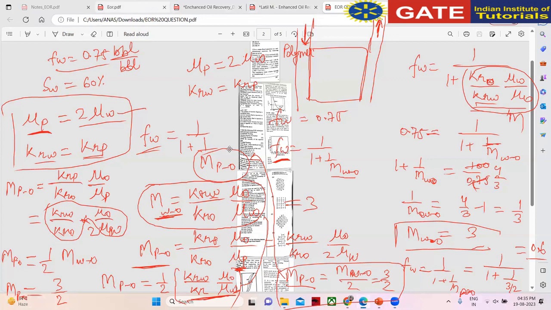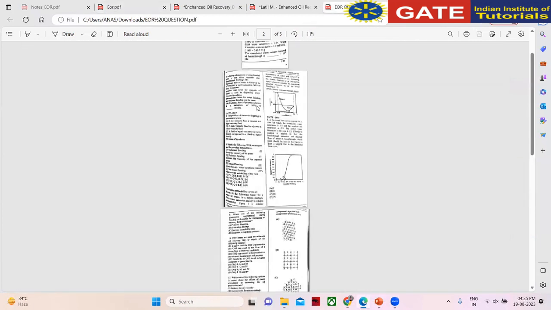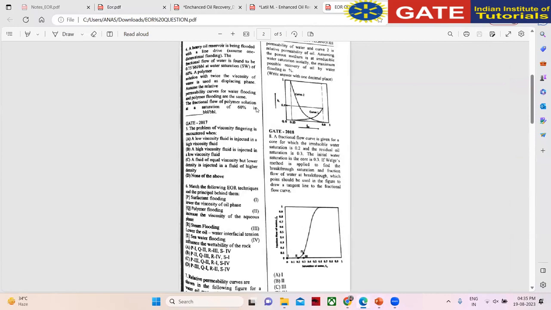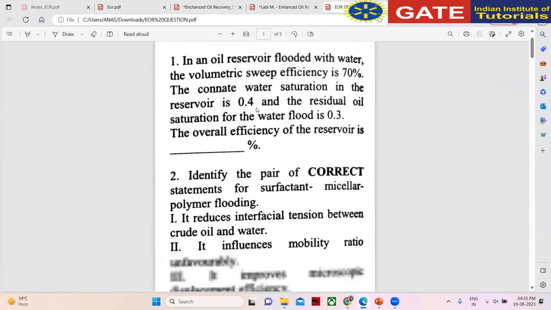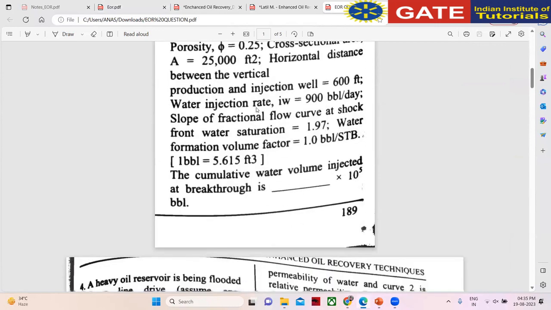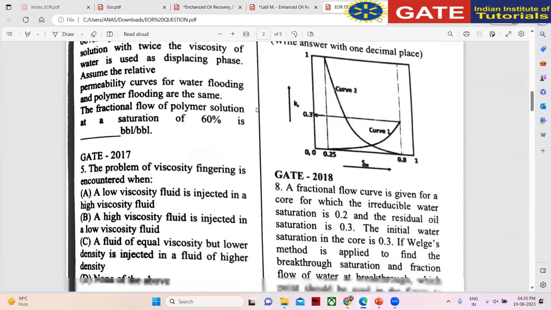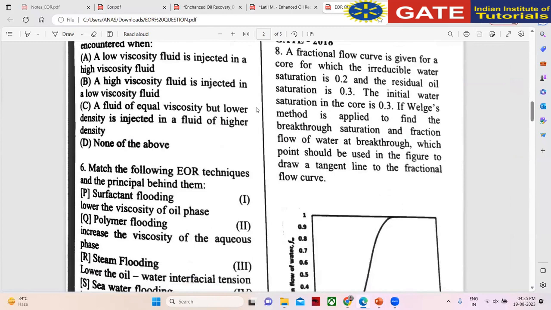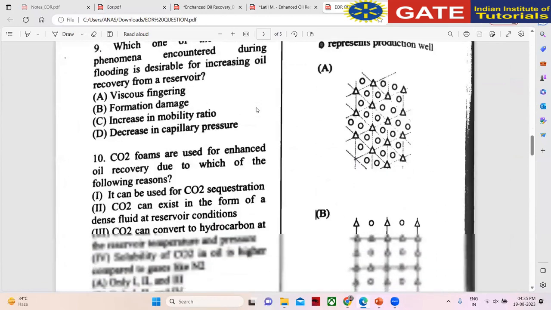All the questions we discussed in today's class have come in previous GATE papers, so you have to solve them. I'll send the module today or tomorrow.